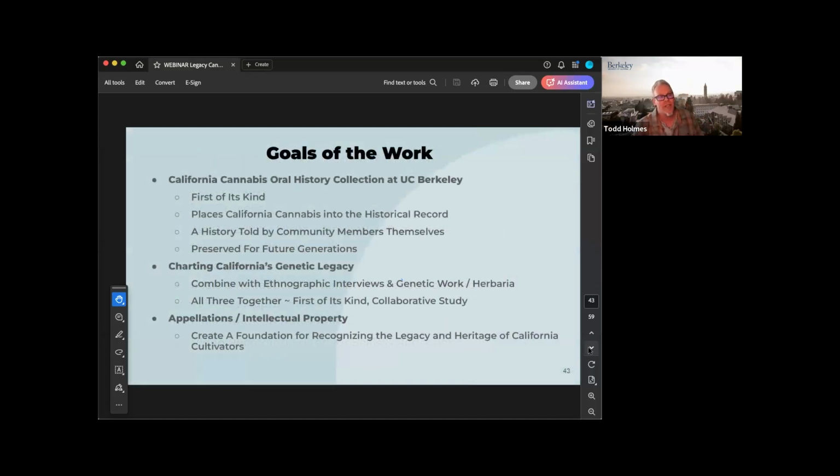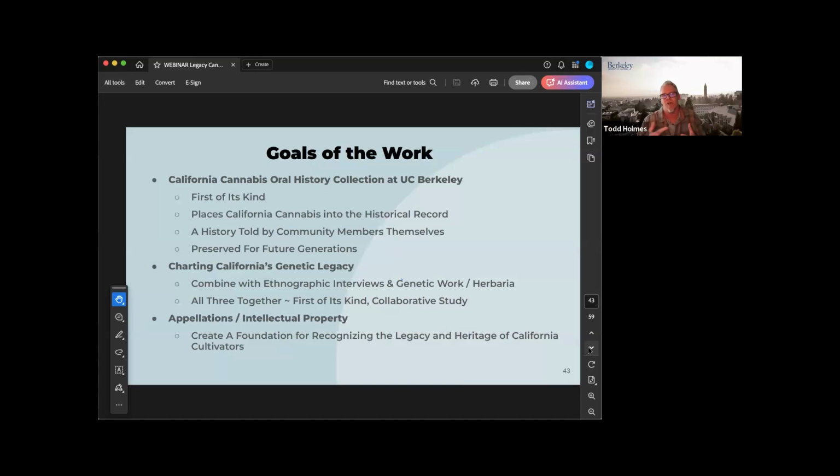The goals of the oral history are to create the California Cannabis Oral History Collection at UC Berkeley. This will be a collection that's the first of its kind, allowing us to place California cannabis in the historical record for the first time. More importantly, it is a history told by the community members themselves, there not just to inform future generations, scholars and policymakers, but also the general public.